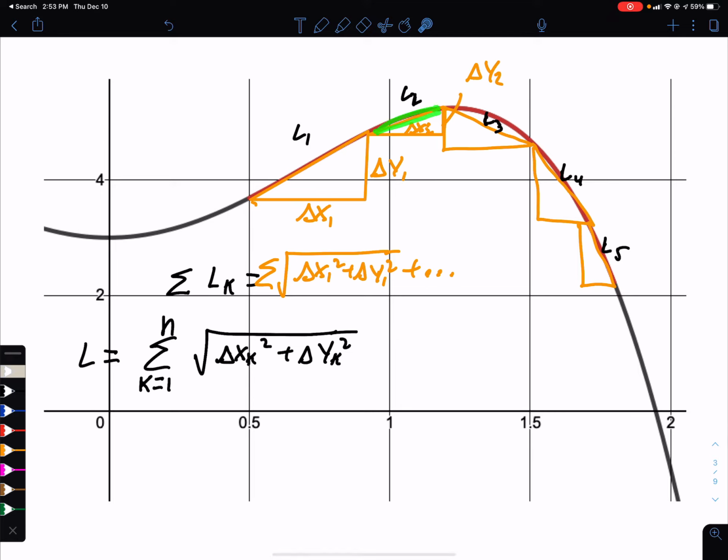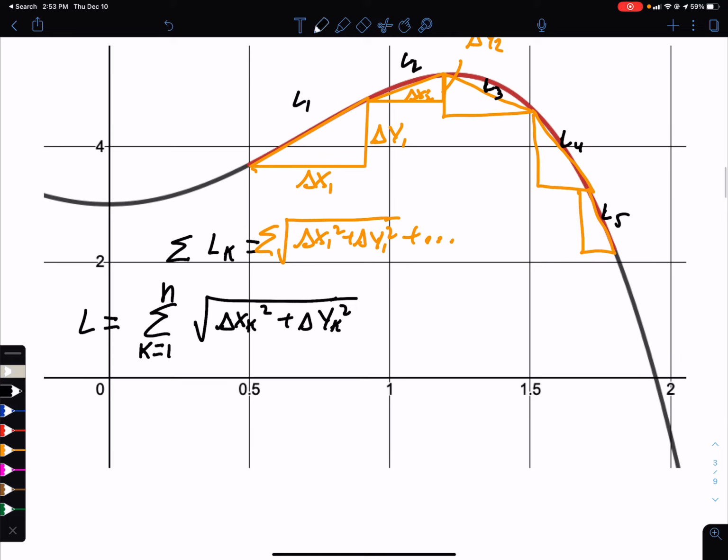That's not the same as a curve. But if we make the number of these triangles approach infinity, we're going to get the exact length of the curve. So L is the limit as n goes to infinity of this sum.